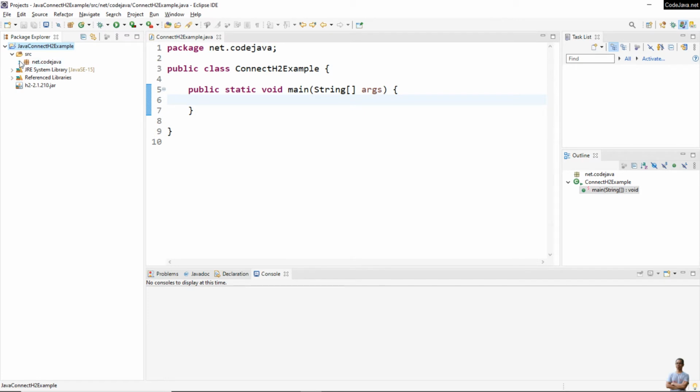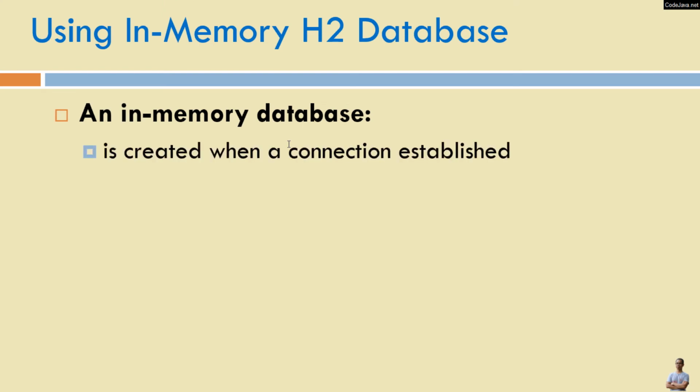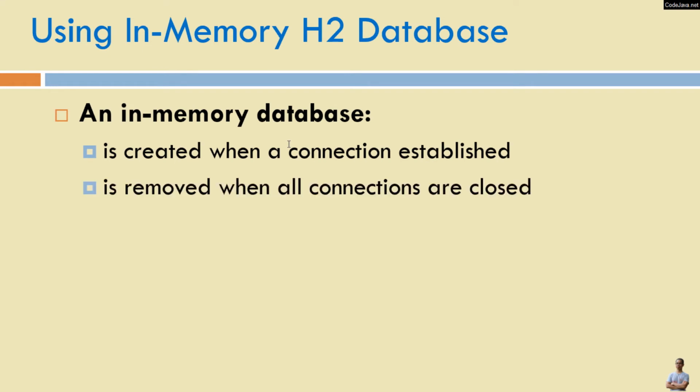Okay, and then I write JDBC code to connect to an in-memory H2 database. Firstly, I need to specify the JDBC URL like this for an in-memory H2 database. You see, with H2, an in-memory database is created when a connection is established, and it is removed when all connections are closed.